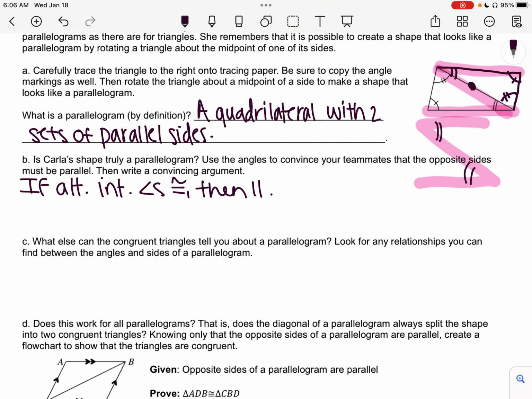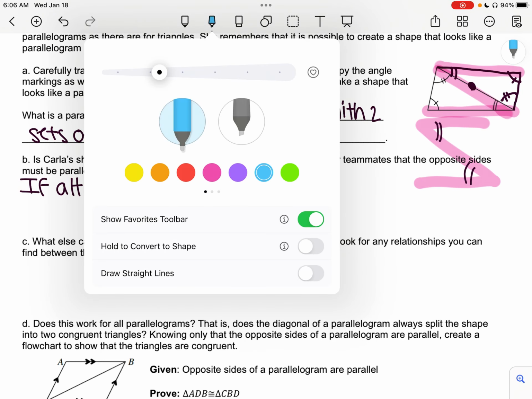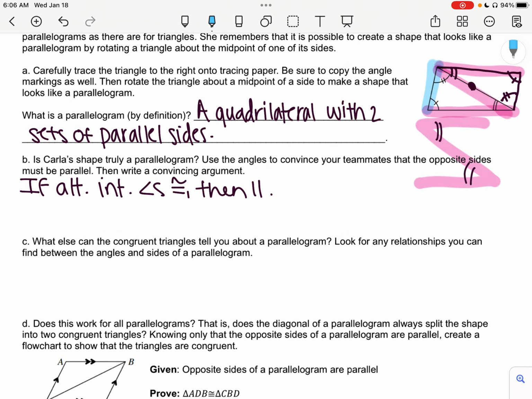So now, let's see here. I don't think I'm going to be able to move the parallels, so I'm going to have to write over it. Now we've got to check the other side. So I'm talking about the left and the right.